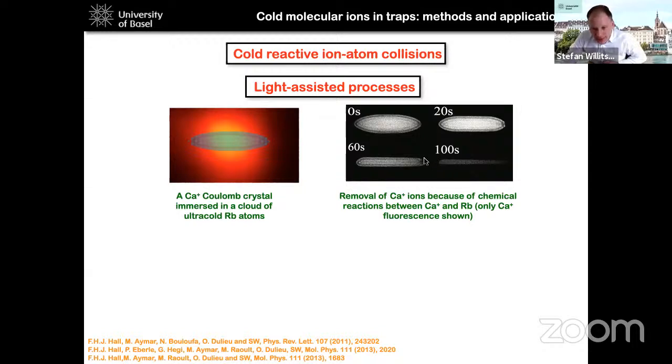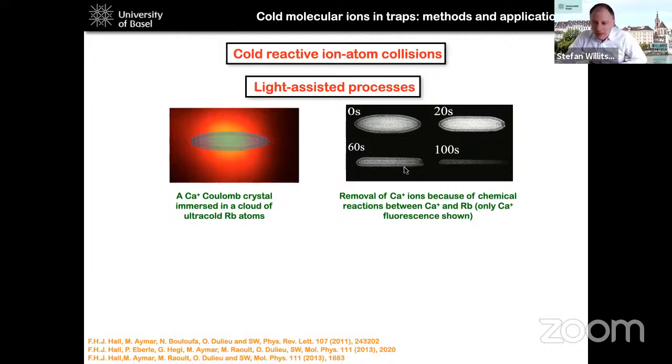And one can further see that this crystal gets characteristically flattened. This flattening, as we've already discussed in my first lecture, is caused by the sympathetic cooling of molecular ions or other non-fluorescing ions, I should say, which are formed by this process.